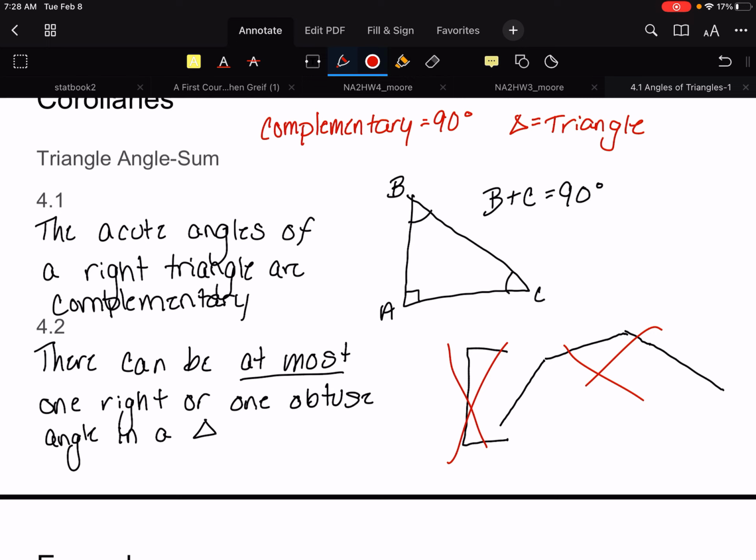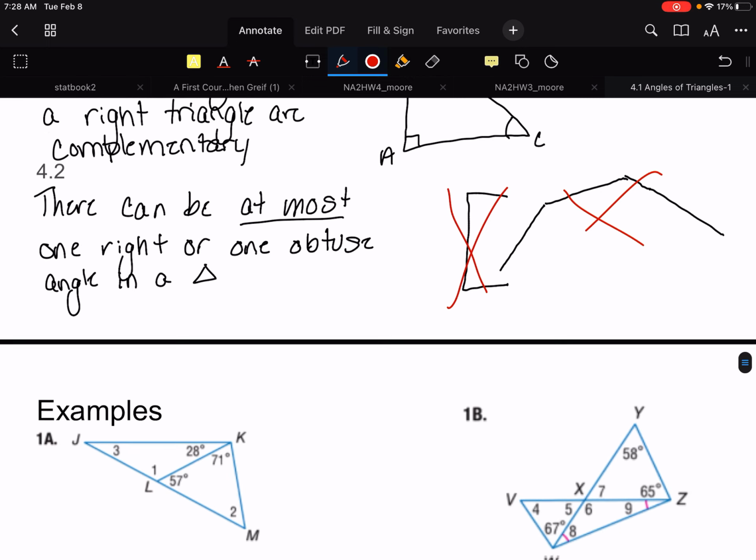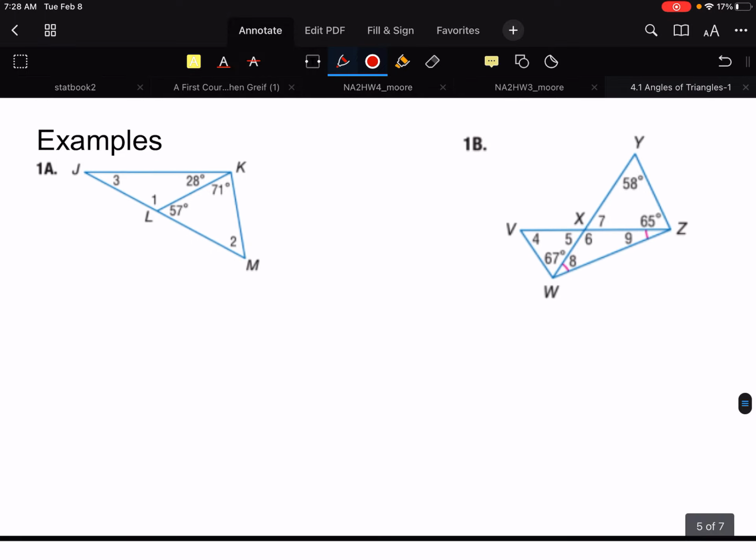And we're going to go over a few examples. I think I have 4 examples here that we'll go through. So the first example, we want to find the missing measures here. We can start right away by looking at the fact that this first triangle has 2 angles. We know that a triangle has to have 180 degrees.